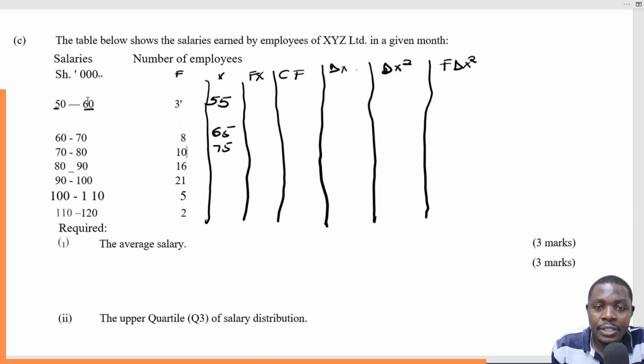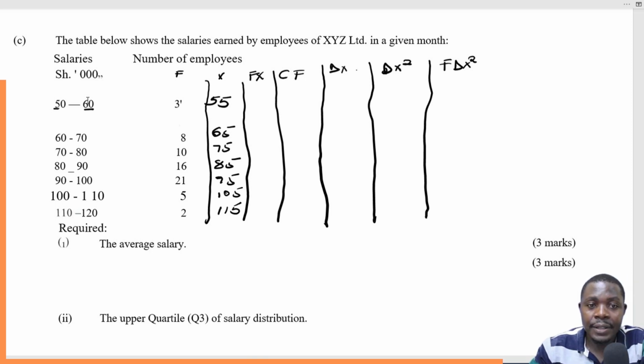Then 85 there. Then here should be 95, 105, and finally 115.